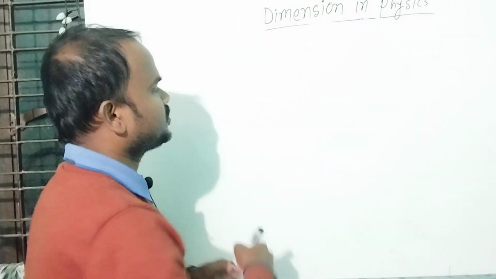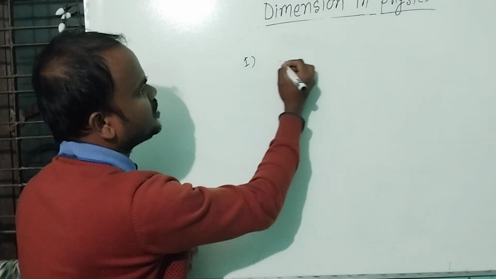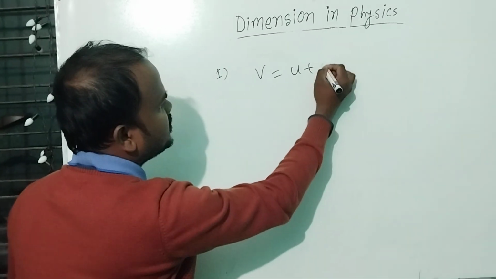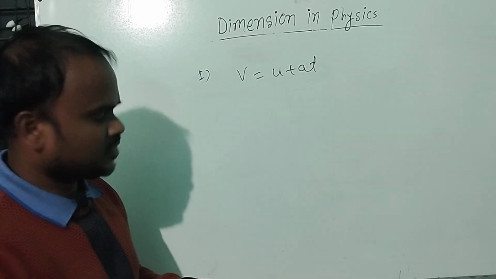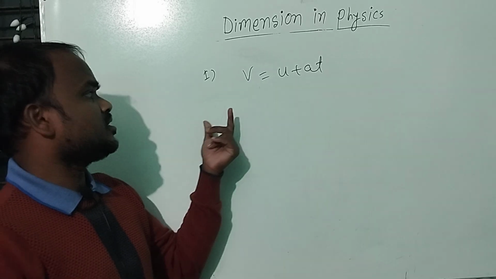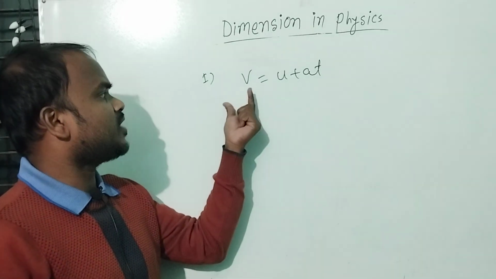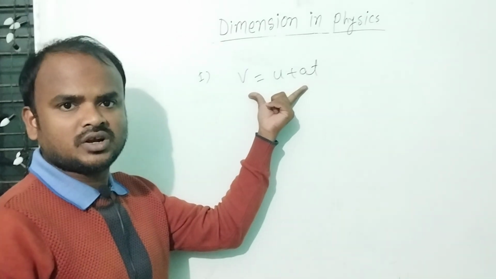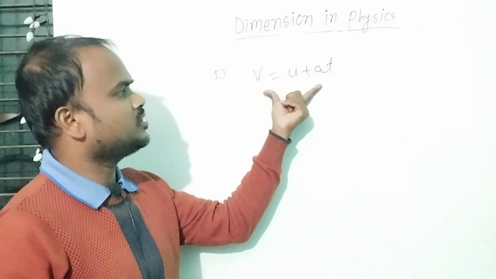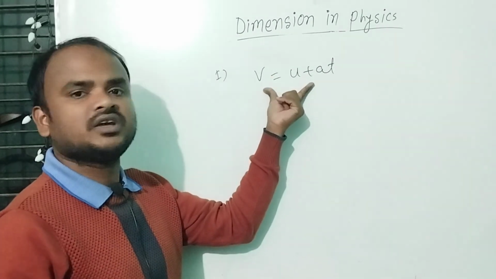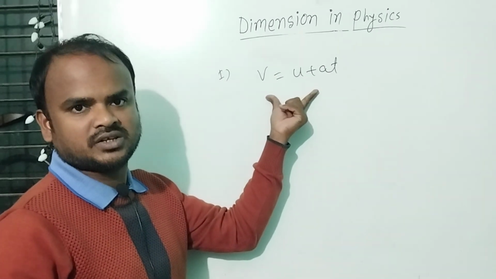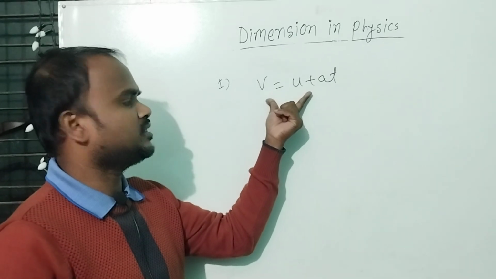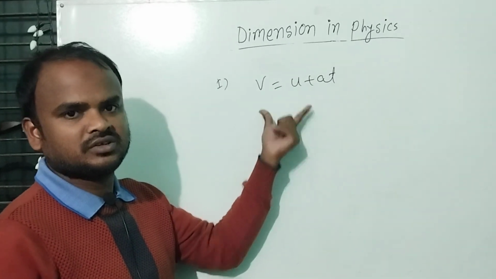So let's start. Number one equation of motion is v equals u plus at. If we find the dimension of the three parts of the equation remain the same, we can say that the equation is authenticated and it is a verified equation in physics.